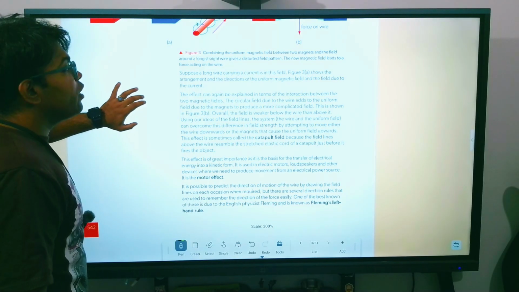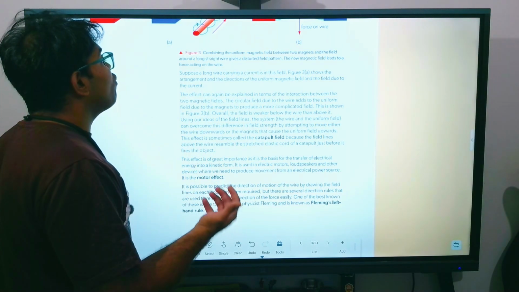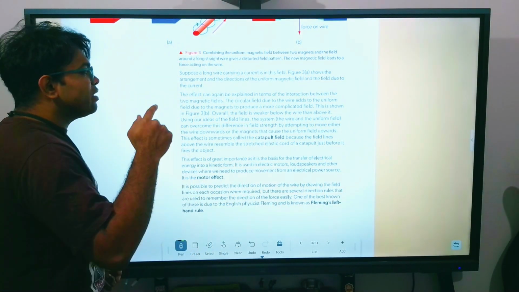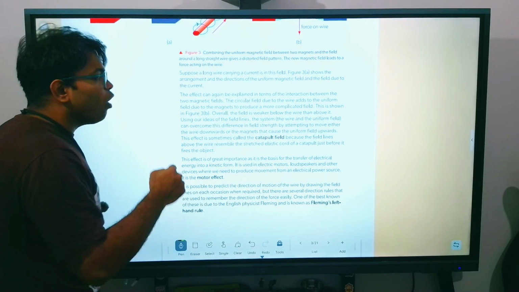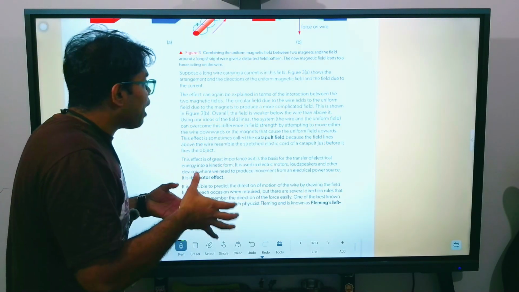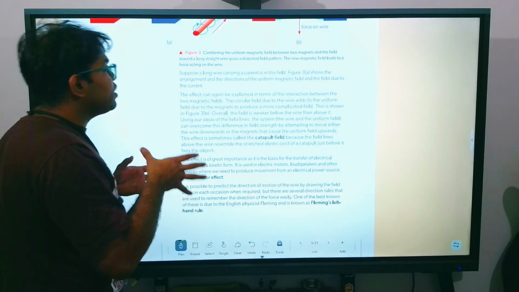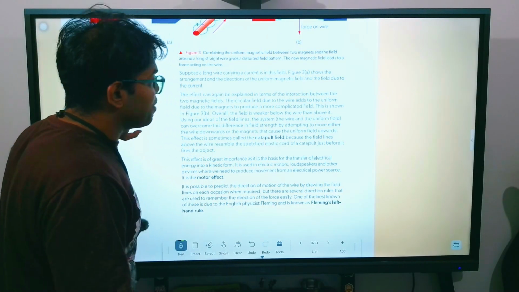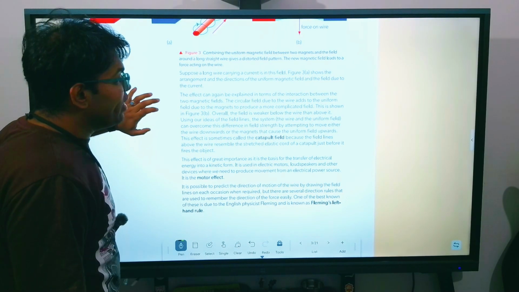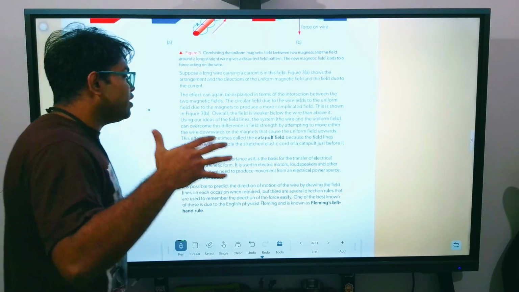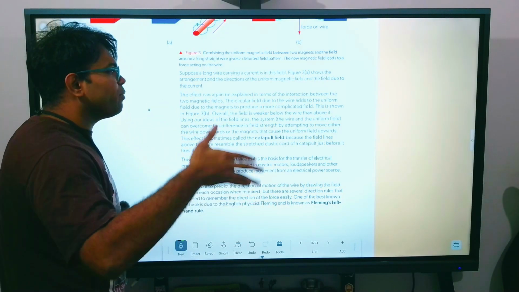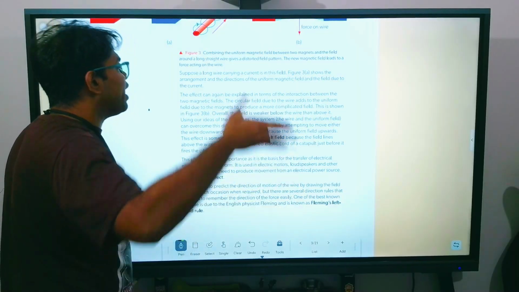Now, the effect can again be explained in terms of the interaction between the two magnetic fields. The circular field due to the wire adds to the uniform field due to the magnet to produce a more complicated field. This is shown in figure 3b. Overall, the field is weaker above the wire. Now, using our idea of field lines, the system, the wire and the uniform field, can overcome this difference in field strength by attempting to move either the wire downwards or the magnets that cause the uniform field upwards.